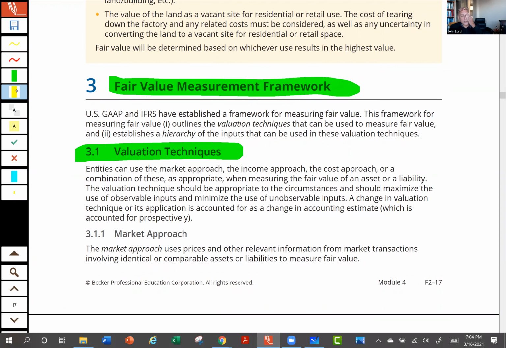I got put on an assignment where Congress was asking us to look at how reliable appraisals were on commercial real estate, because the appraisals on those commercial real estates would be determining value.